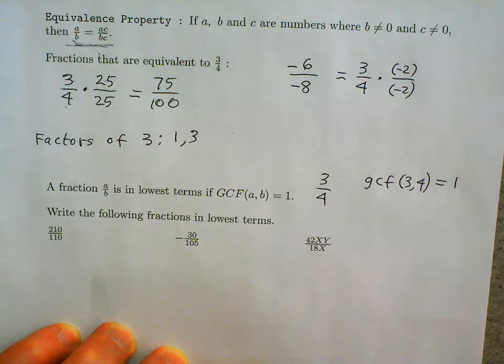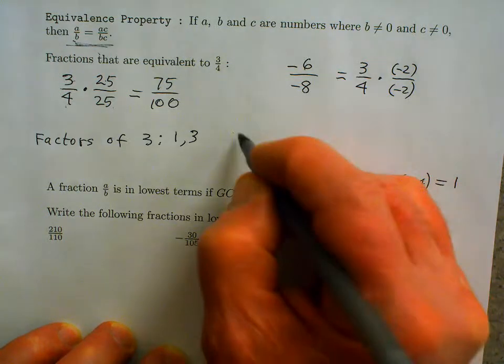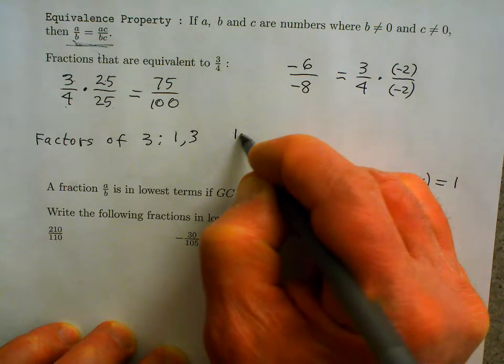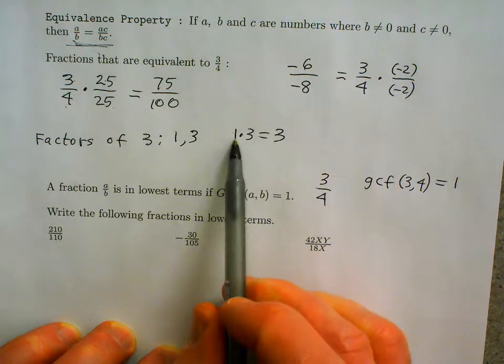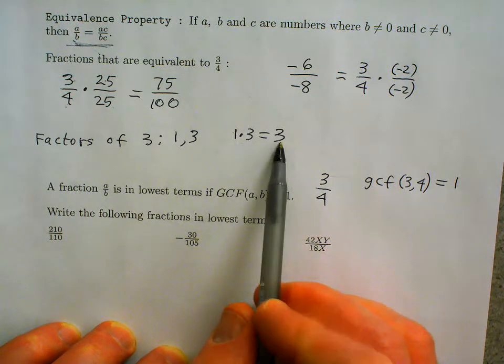So 1 and 3 are the only factors of 3, the only positive integer factors. Once again, we refer to them as factors because we can use those numbers and multiply them together to get 3.